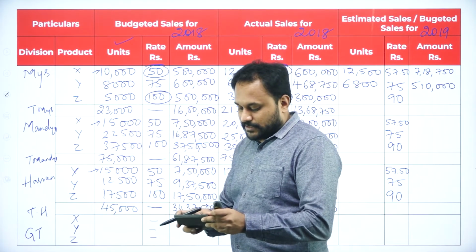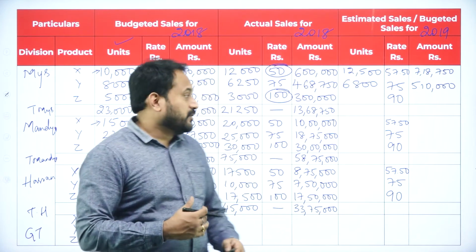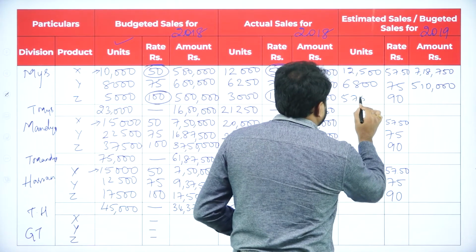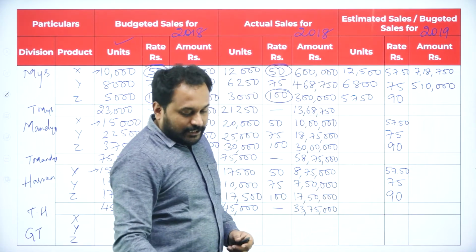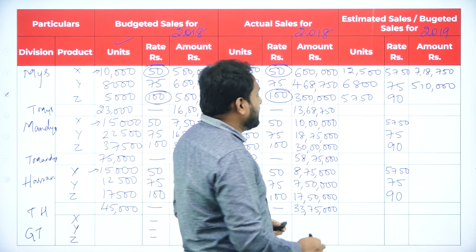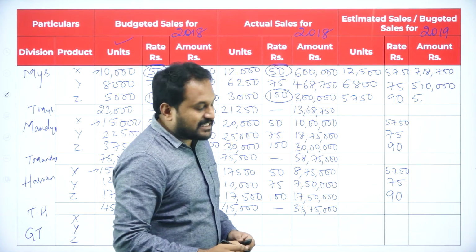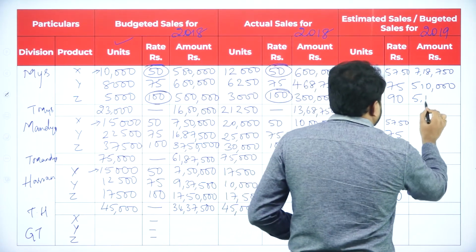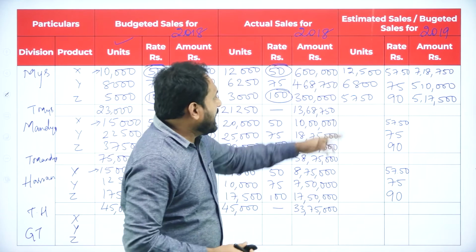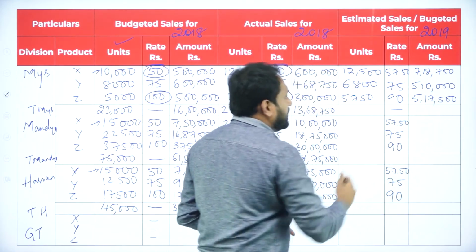So plus 5,000, 5,750 is your new figure. 5,750 into 90 you do it. 5 lakh 17,500. You need to add everything and write it here in the total column.